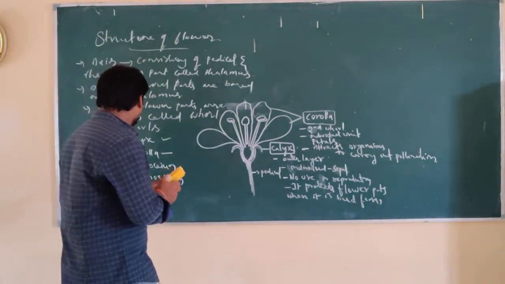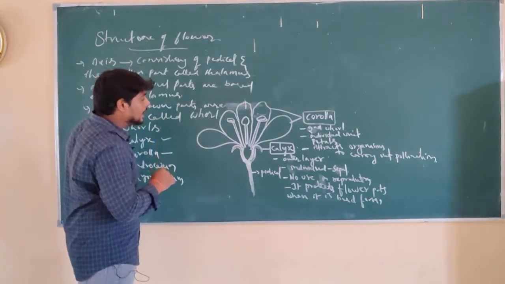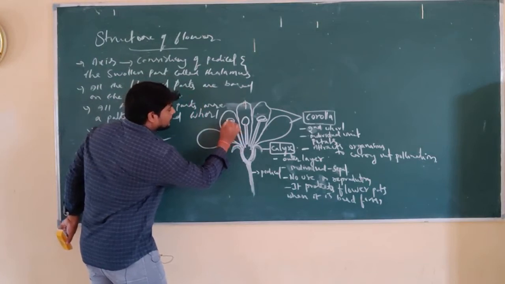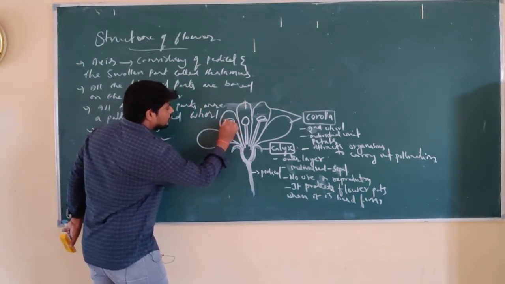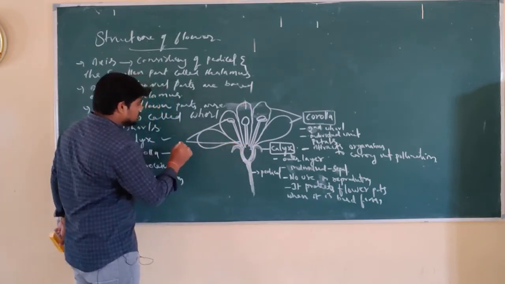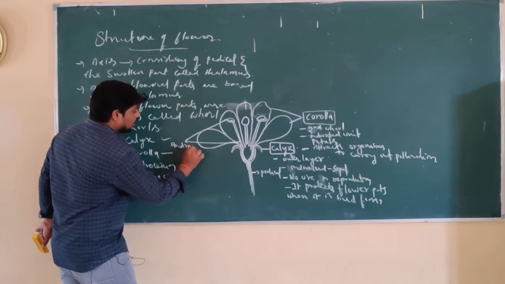And next, the third whorl is androecium. What is it called? Androecium. So from here up to here, it is called androecium.